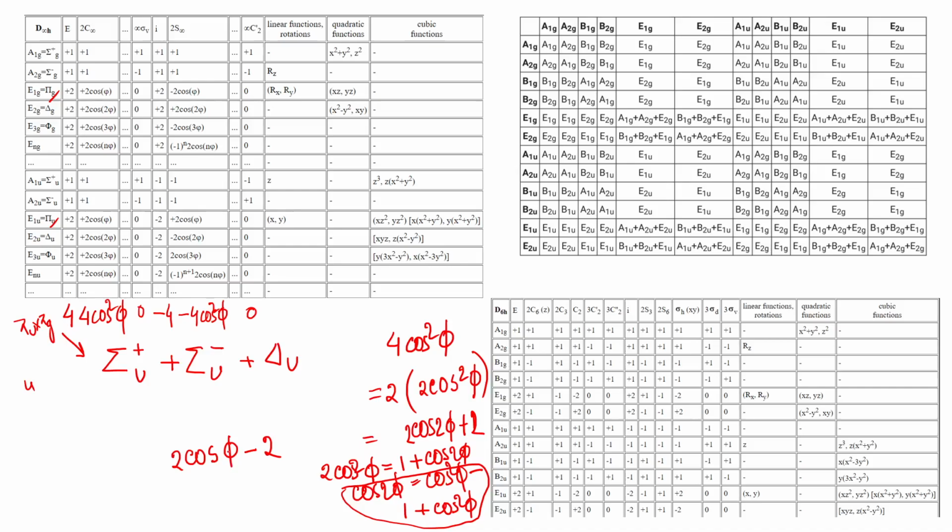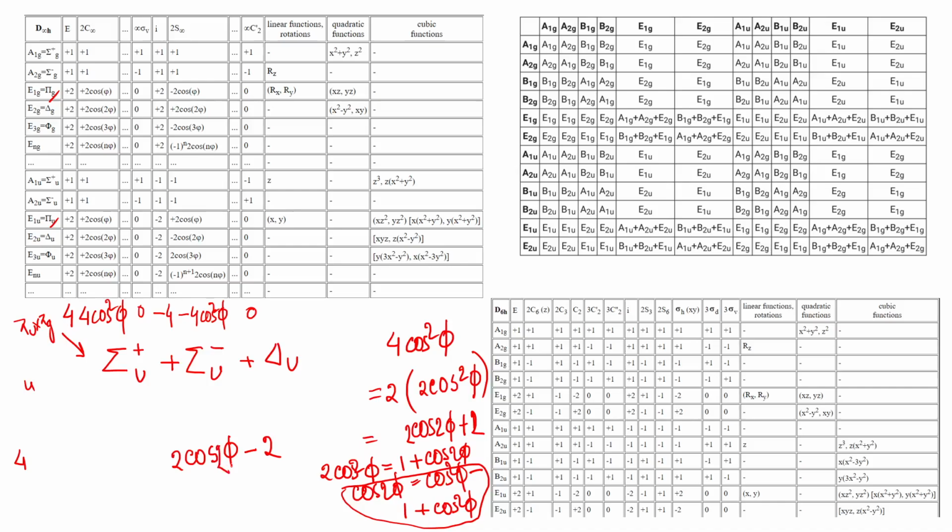That is also 4 cos square phi, is it? In the last, you have circled it, na? 2 cos 2 phi equal to 1 plus... I was looking at this, I'm very sorry. 2 cos 2 phi, yes, it is right.